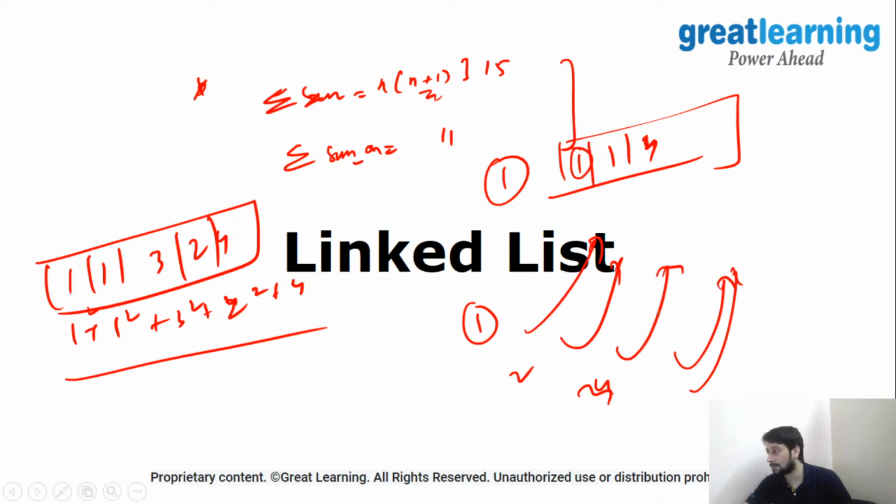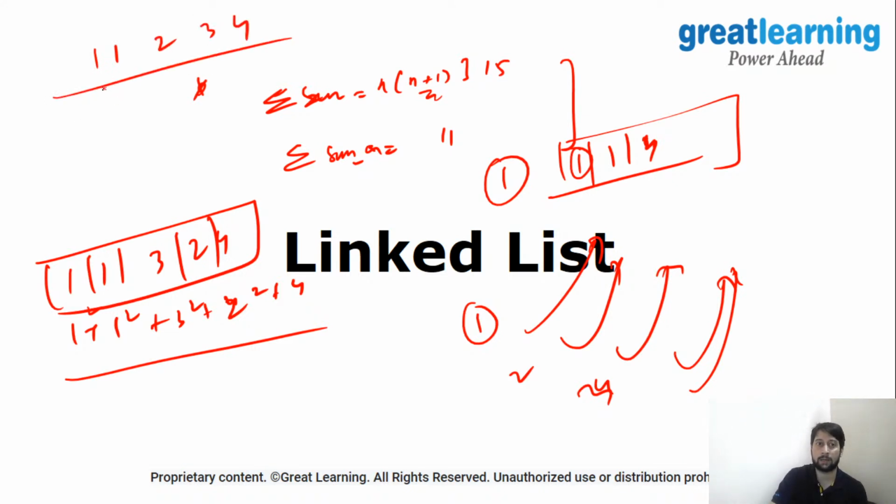Yes Pragyan, sort and then compare. So you have 1 1 2 3 4, and now you start comparing. You have 1, you are able to find it, so this is your repeated number. Then you compare it with 2, then with 3, then with 4.